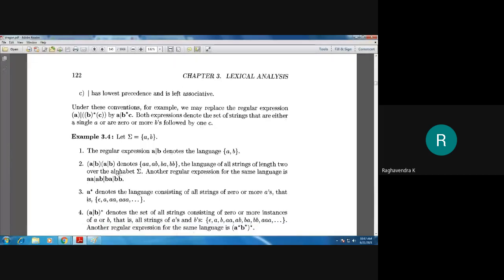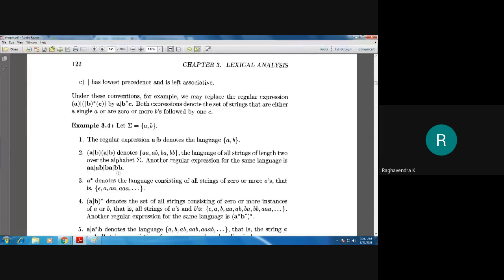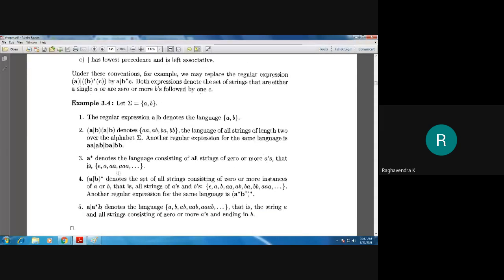So let us now look into some examples of how we can frame a regular expression, or what exactly a regular expression means.